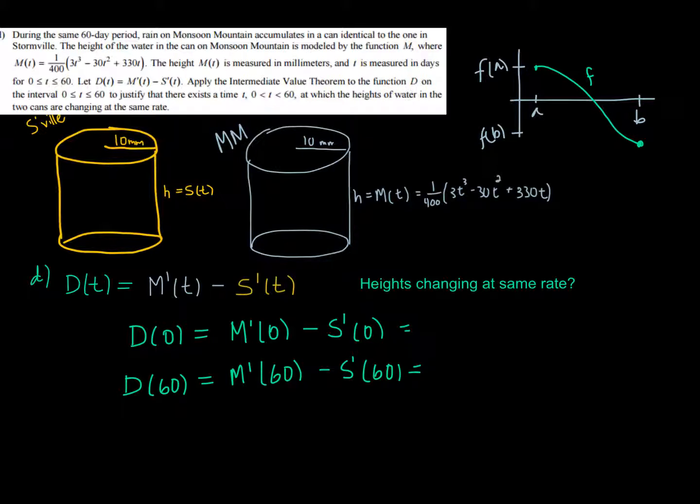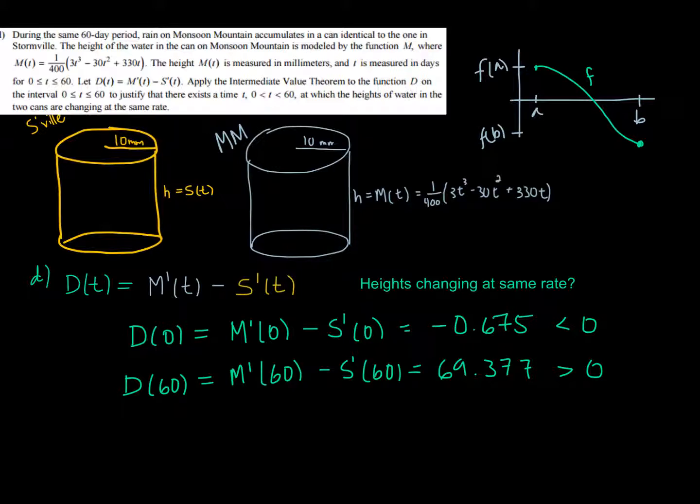So d of 0 turns out to be negative 0.675, and d of 60, thankfully, turns out to be positive 69.377. Well, we know that this value is less than 0, this value is greater than 0.